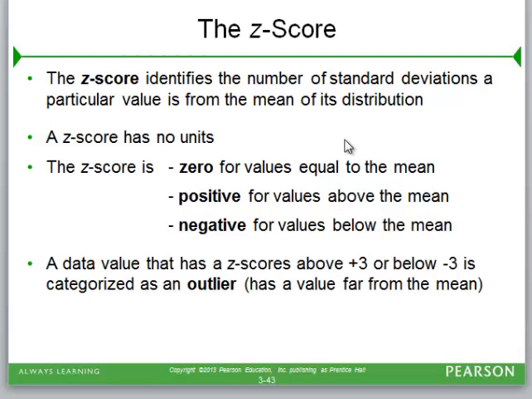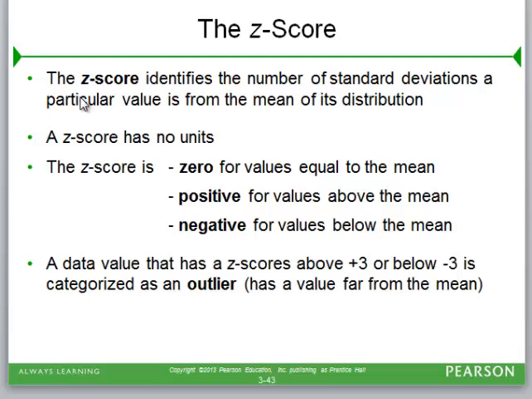Next is a very important concept which represents our application of standard deviation and mean. In order to make your learning of the later chapters easier, you have to understand and learn how to find this z-score. We also call it z-value.